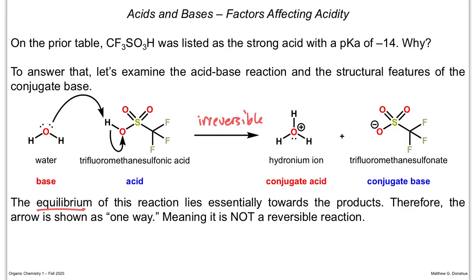So again, equilibrium is the state at which things aren't changing anymore. Try not to get confused thinking that it's 50-50. It can be some other ratio, but at some time a state is reached, and for this one, the reaction is irreversible, meaning it's not going to go the other way.